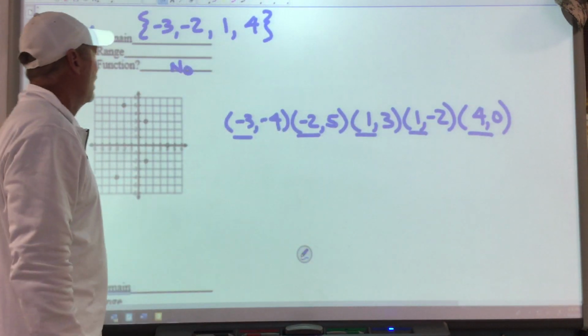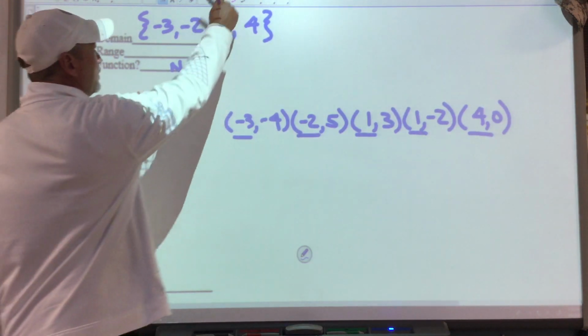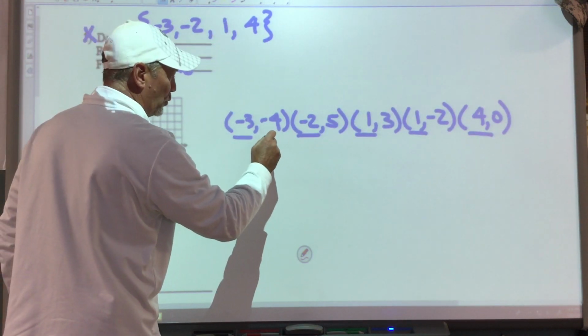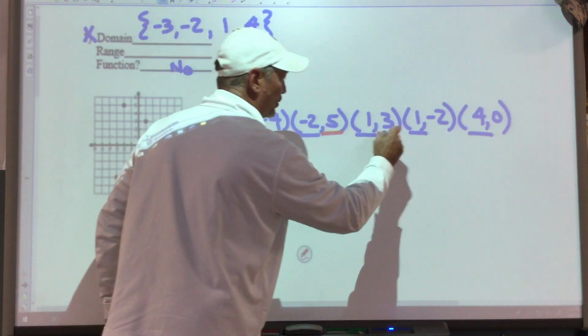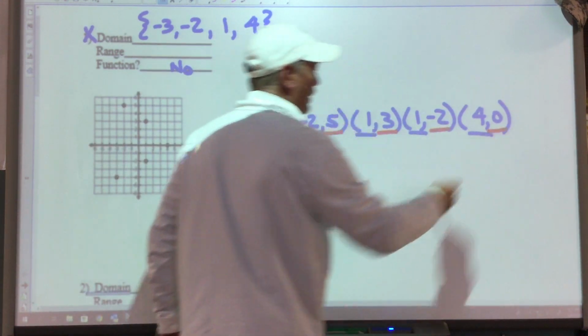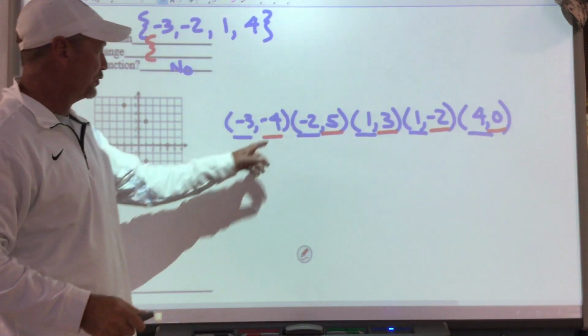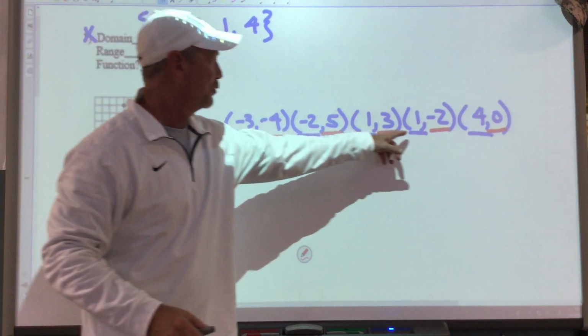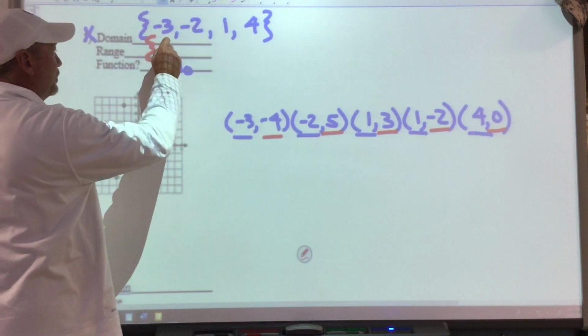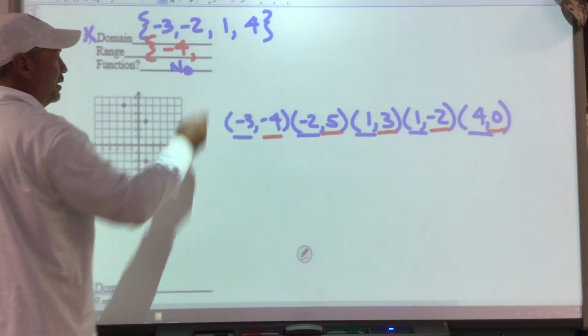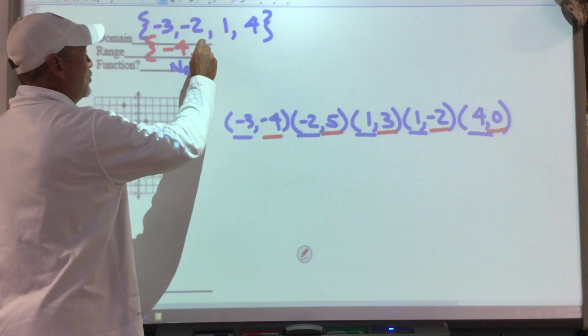It's in the set. As far as my range goes, my range will be my y values. And we're going to go, the smallest y is going to be negative 4. Then it's going to be negative 2.